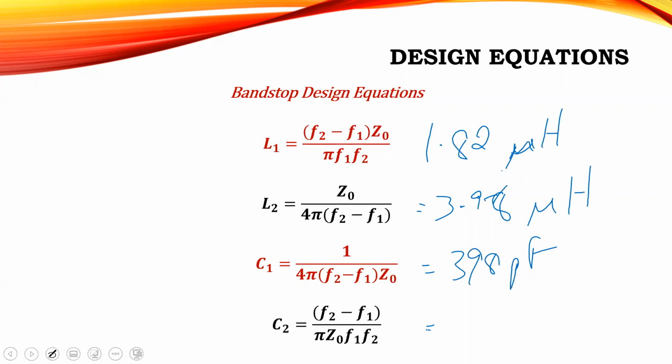L1 is 1.82 microhenry. Taking your word for it. L2 is 3.98 microhenry. For L1, I got two microhenries. And C1 is 398 picofarad. That's pico. And C2? Fierce, you're saying you got 2 for L1? I haven't worked it, but I can almost put my head on the block and say that that is wrong. I was able to confirm the 1.82 microhenries for L1, sir.